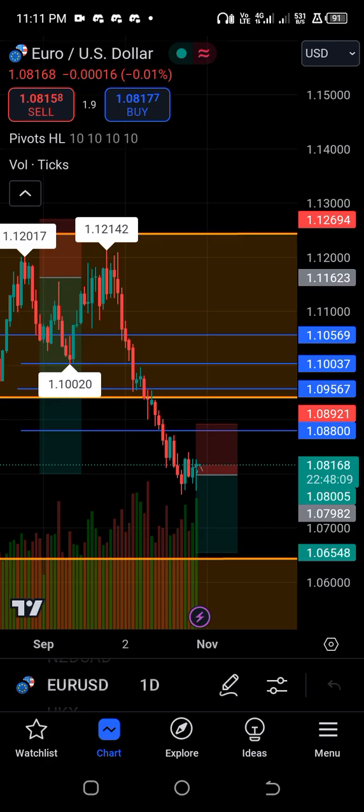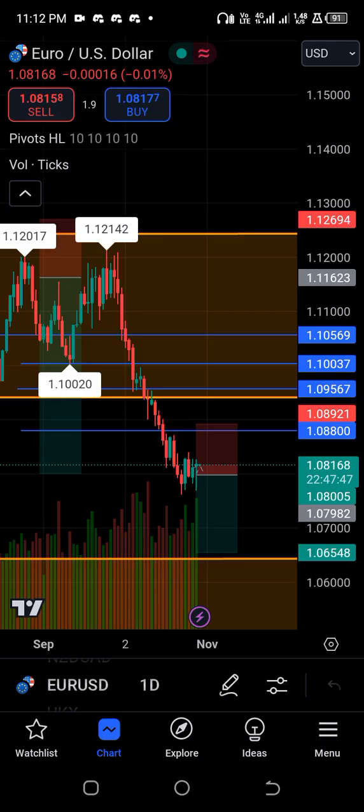So by trailing stops, you could actually prevent yourself from incurring losses and continue to pay yourself even if the trade has not closed yet.